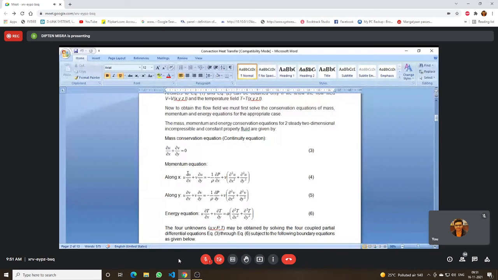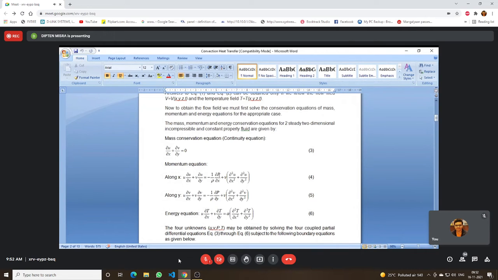Now, in the process of introducing the momentum equation, we also introduce one more complexity, that is another unknown given by p. So, now that we have three unknowns, u, the velocity component along x, v, the velocity component along y, and also pressure, the pressure is a scalar quantity that varies both along x and y.